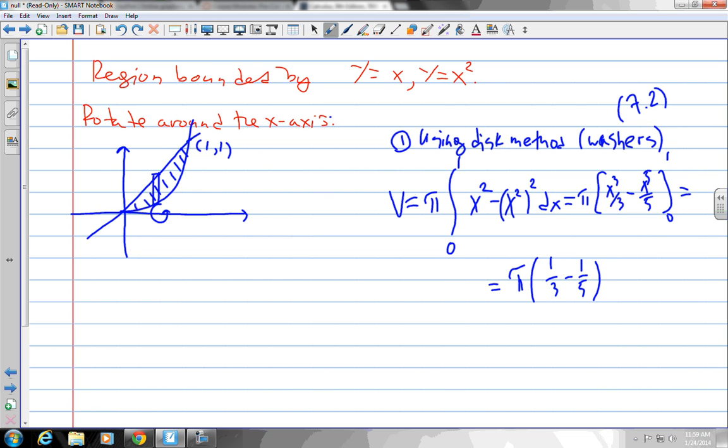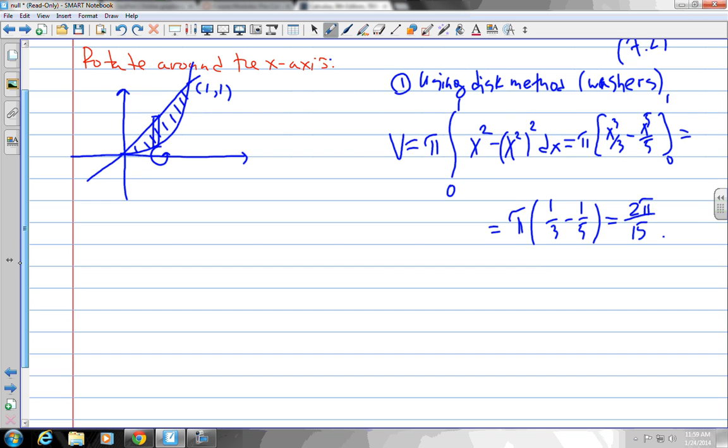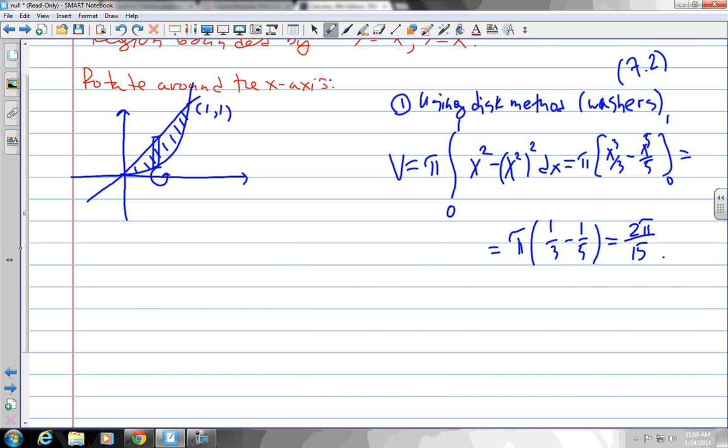And what's 1/3 minus 1/5? 2/15. So it's 2 pi over 15. Is that okay? So that's using the disks. Questions on that? This is a very nice problem, by the way. There's nothing funky going on. We're good?